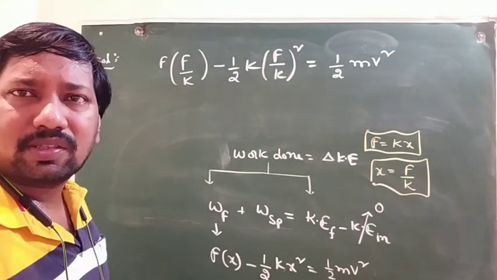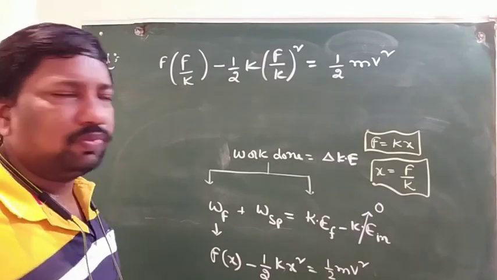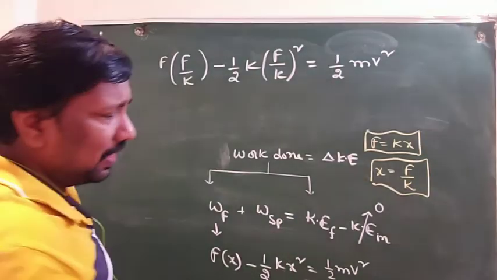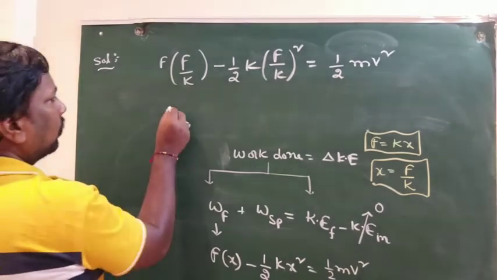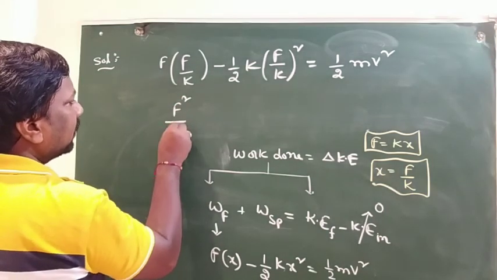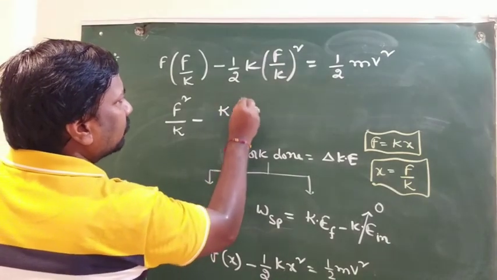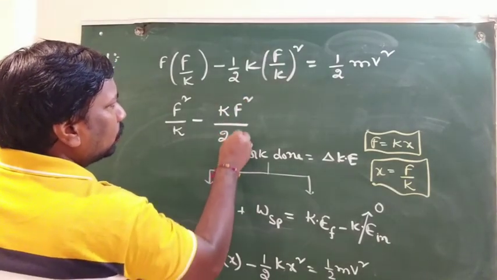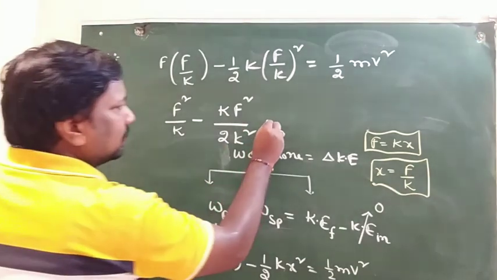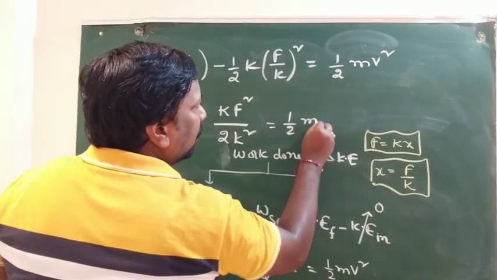Here m is the mass of the block and v is the speed of the block. Therefore F squared by K minus K F squared by 2K squared is equal to half mv squared.